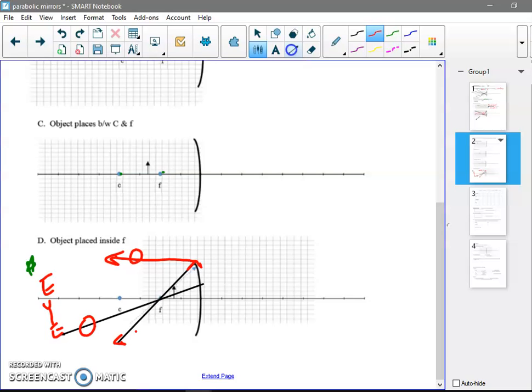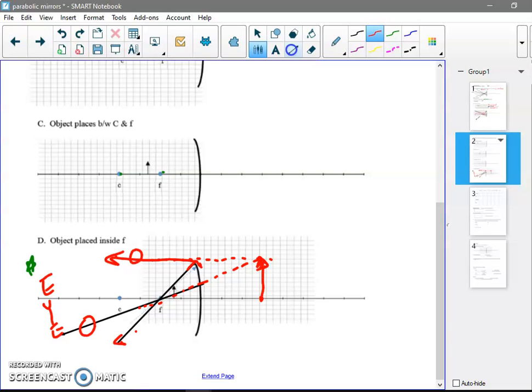So what the eye does, like with a plane mirror, is think those rays came from a common point, which would be roughly right there. So that's where the arrowhead appears to your eye, behind the mirror, like a plane mirror. The bottom of the arrow will appear directly below it. So if I draw this in, there is my image.